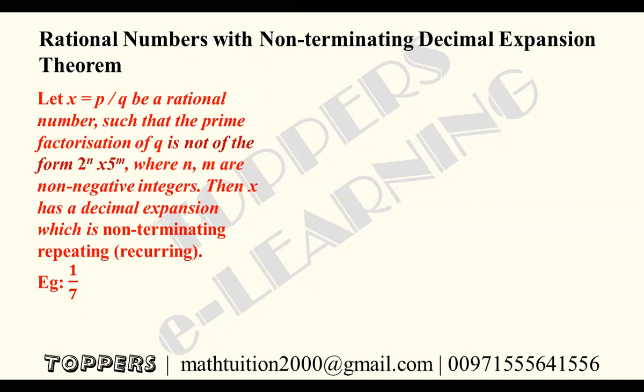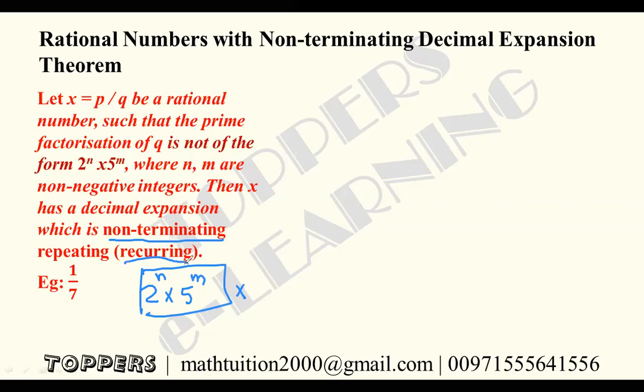It has a different 7. So it is not in the form of 2 raised to n times 5 raised to m, correct? So we can say that this is a non-terminating but recurring number.